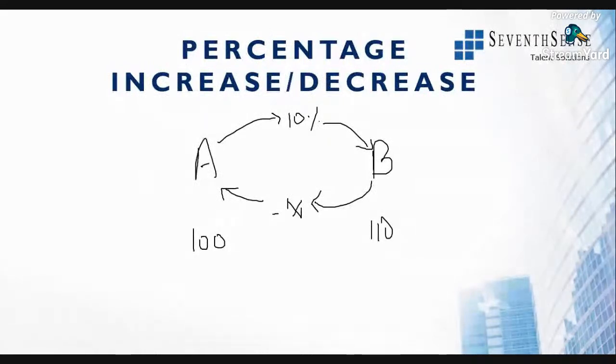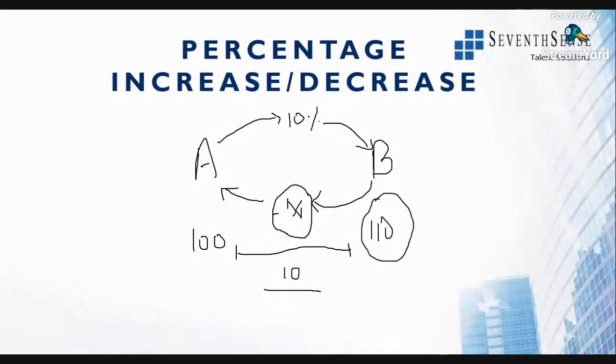All right, now they are asking what percentage A's money is less than B. Okay, so let us find the difference first. B is more than A by 10 rupees, right? So 10 rupees is the difference where A is less. A is 10 rupees less than B. Now this 10 rupees that we are comparing with B's value, right?